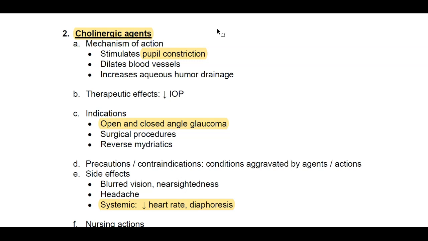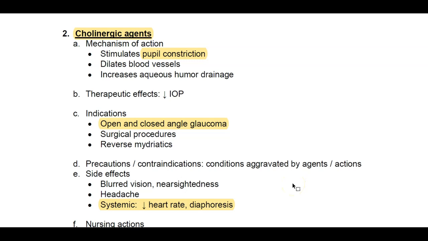Indications, it's used for both open and closed angle glaucoma. It's also used for surgical procedures, and it's used to reverse mydriatics. Some precautions and contraindications, which are general for all the other agents for glaucoma, include any condition that the agent can aggravate or actions that can basically worsen the effect.